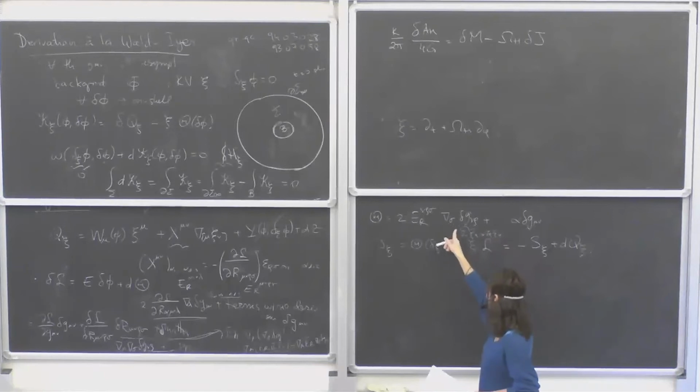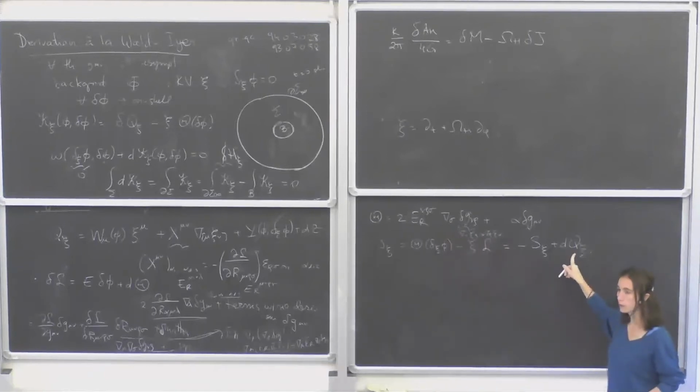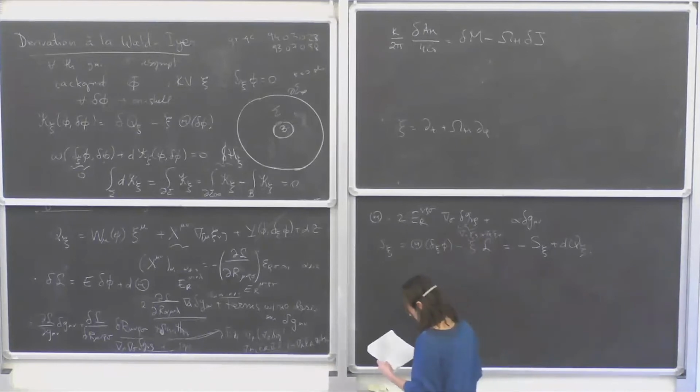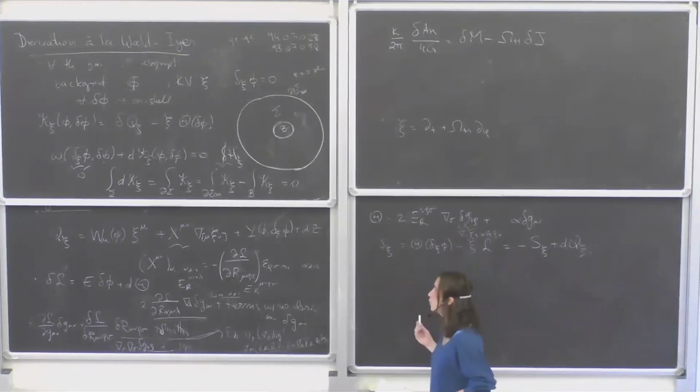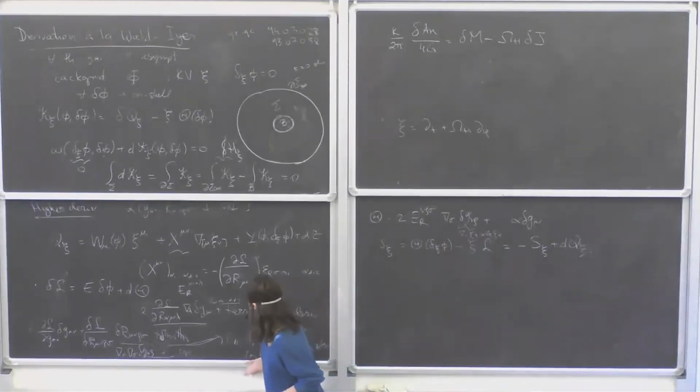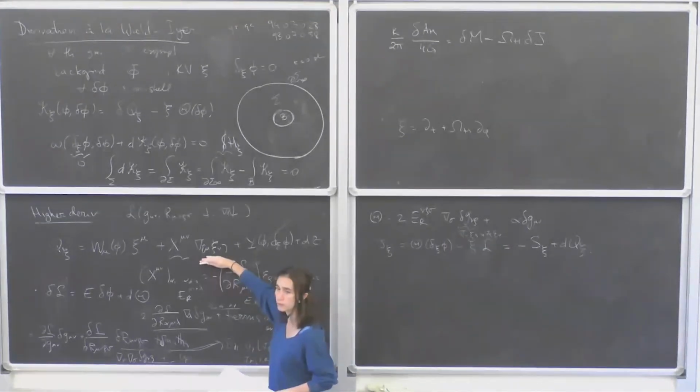So now you're getting two derivatives on xi, but when you're constructing this Q, you're going to get rid of one of the derivatives. So at the end of the day, Q is just going to have at most one covariant derivative acting on xi. And they're claiming that you can put it in this form.